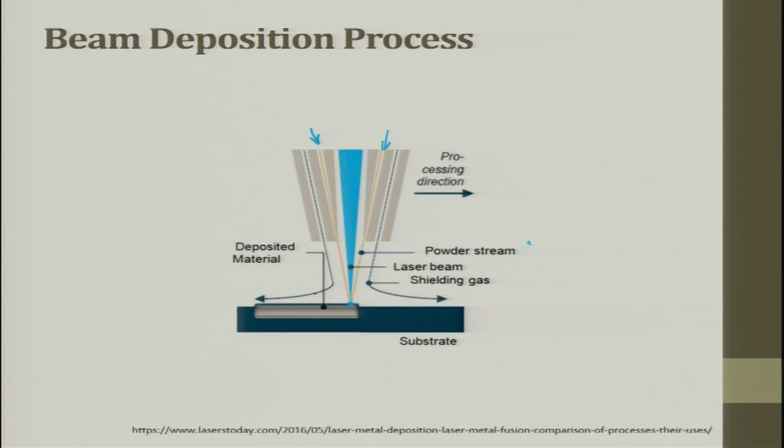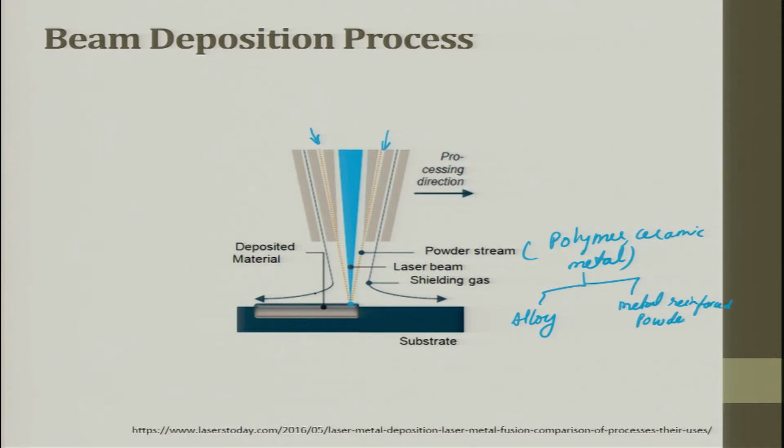The powders can be polymer again, it can be ceramic, it can be metal. And when we talk about metal, it can be alloyed metal or it can also be a metal reinforced powder. So, this can come through and it can hit at the laser tip and it can start melting.